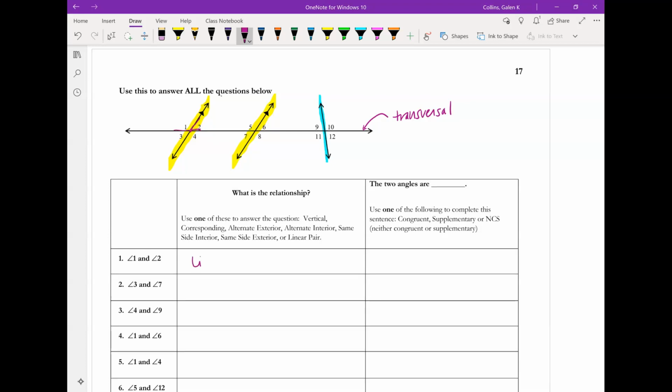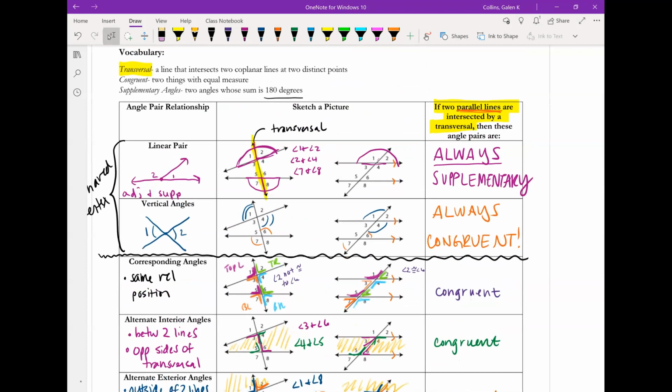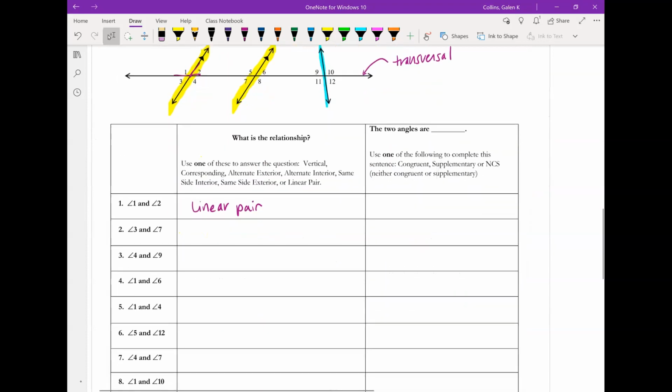That is a linear pair. And I think the practice I'm asking you to do looks an awful lot like this. So then the question is, are they congruent, supplementary, or neither? So recall that we said linear pairs are always supplementary, just as vertical angles are always congruent. So they are supplementary.